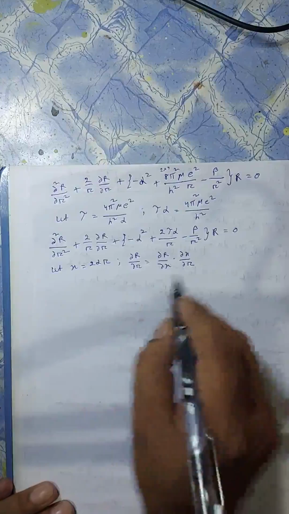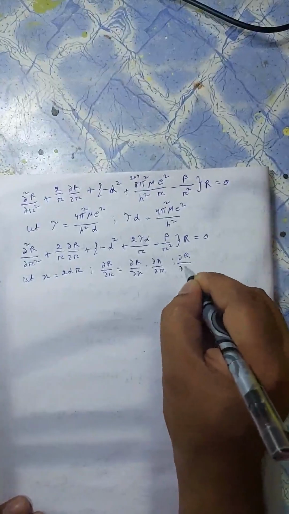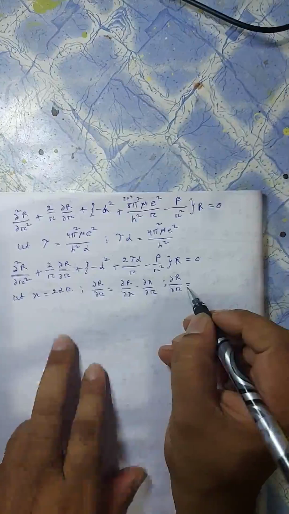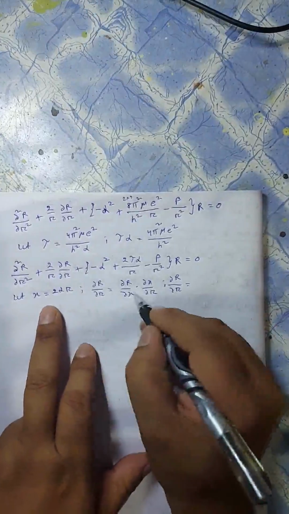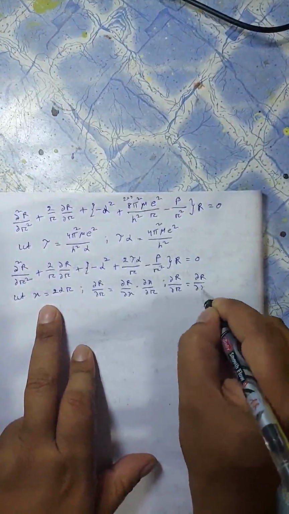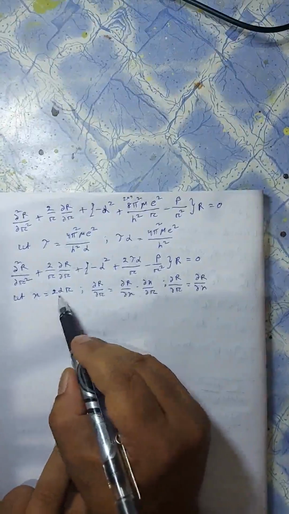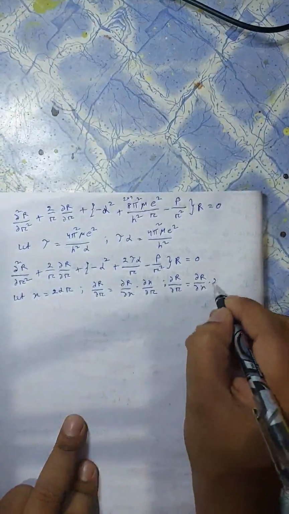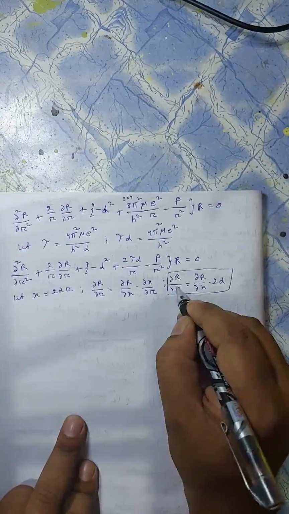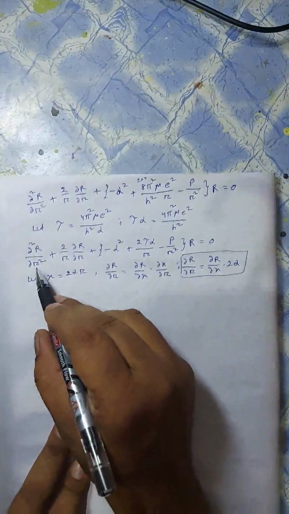Then we have to put it here. ∂R/∂r is equal to, what we get here, ∂R/∂x, that is no change. You take ∂x/∂r of this equation: ∂x/∂r is equal to 2α. Then we have to substitute this value of ∂R/∂r here. We have to convert it into x.